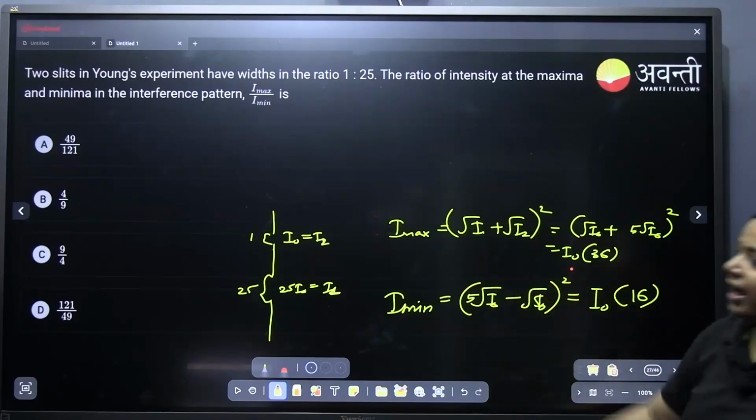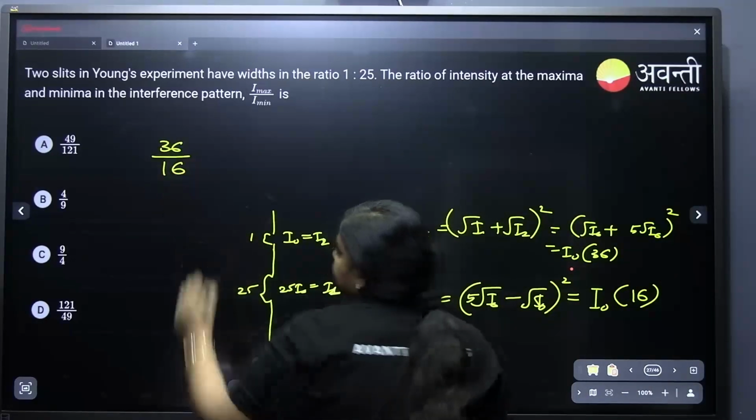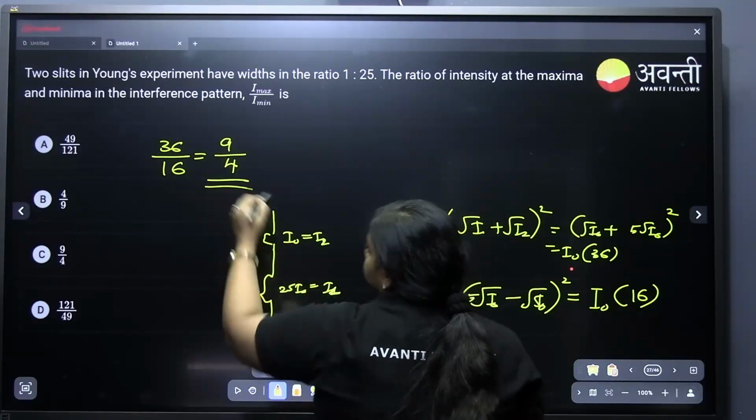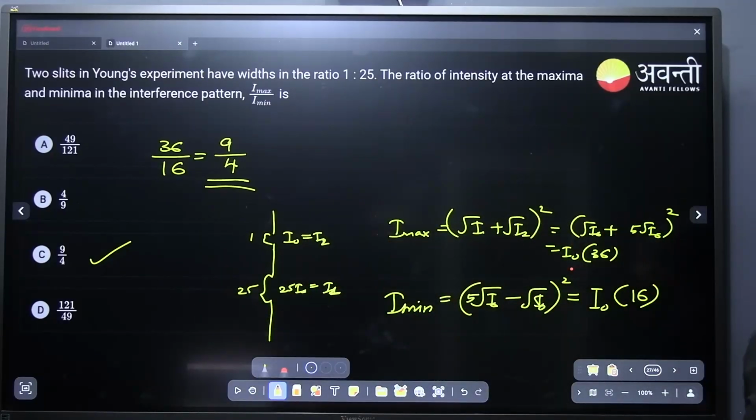Now I max by I min will be 36 by 16. That will be equal to 9 by 4. Answer is option C. Is there any doubt? I guess not. Let's move on then.